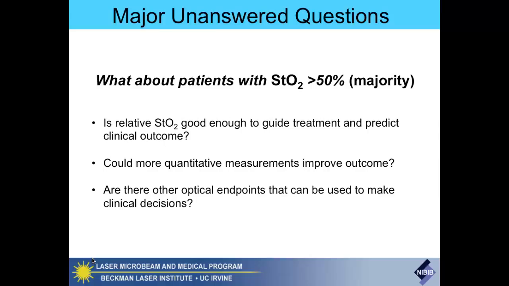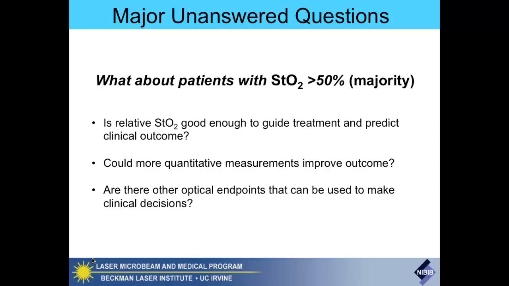So we need to be able to get numbers that are more quantitative. Maybe relative saturation is not quite good enough. We need to be looking at the majority of the population that are in between 50 and 100% and do better for those people. That's really most people.